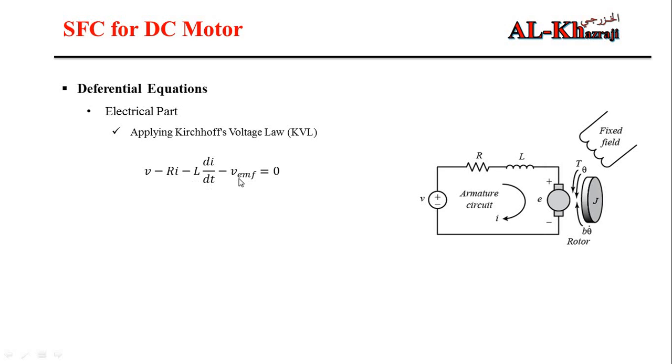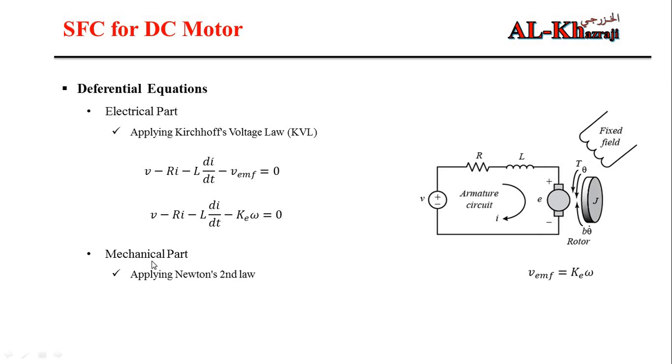This term is related to omega, which is the rotational speed of the shaft, and Ke is the coefficient. So by substituting this formula in this equation, we have the final equation, which is the voltage minus the voltage across the resistance, the voltage across the inductance, and the voltage generated from the rotating of the shaft.